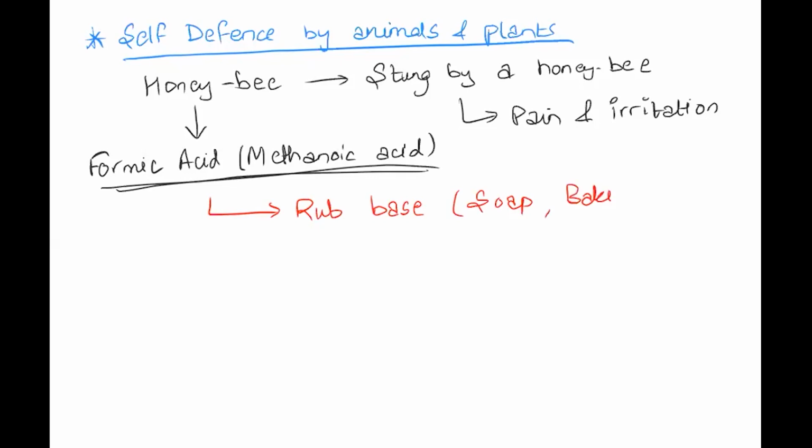So what happens is a neutralization reaction occurs and the effect of acid is removed. This is how honeybee uses the formic acid or the methanoic acid as their defense.